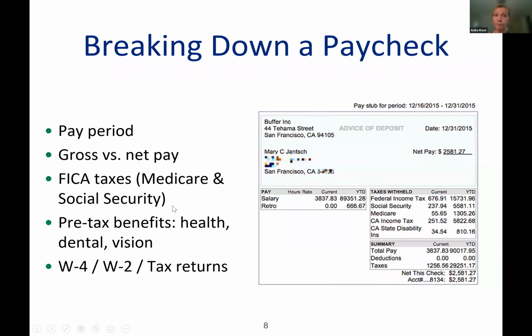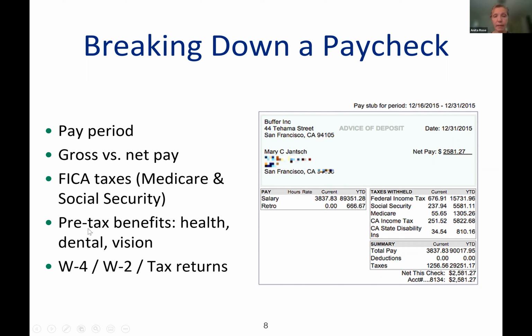Social Security, hopefully, will still be in existence when you are ready to retire and start collecting. Those funds will be available to you if you have paid into the system for a certain number of years and a certain amount of money. But it's taken out regardless. It is taken out of everyone's paycheck, whether you are going to collect from it or not.